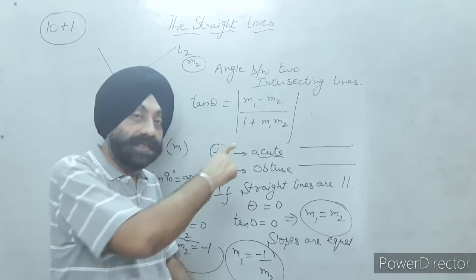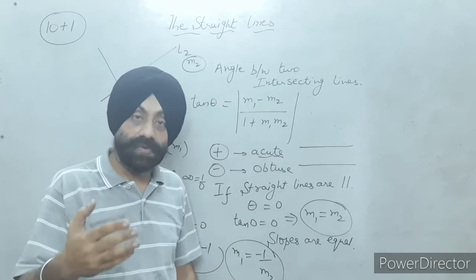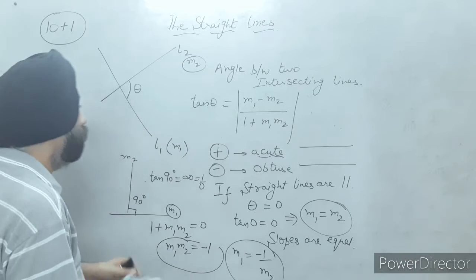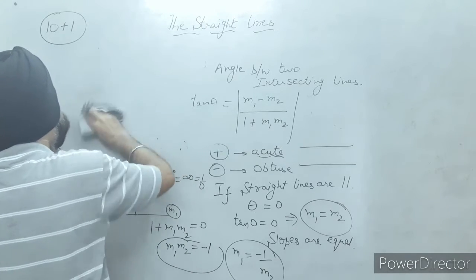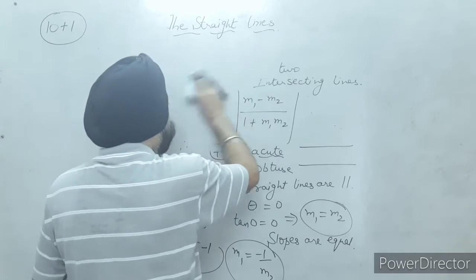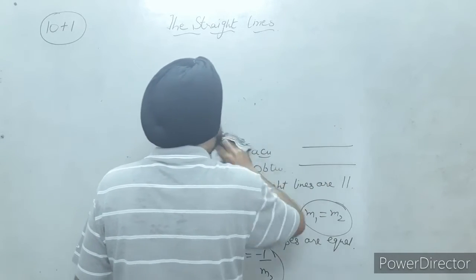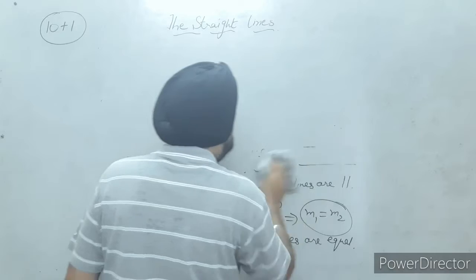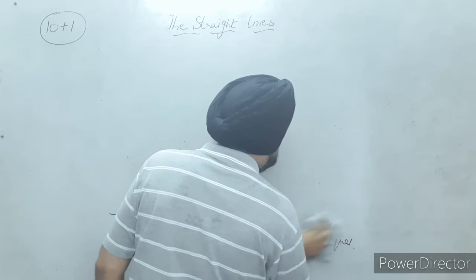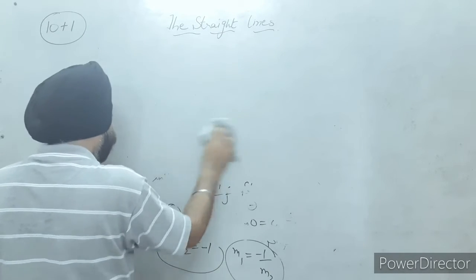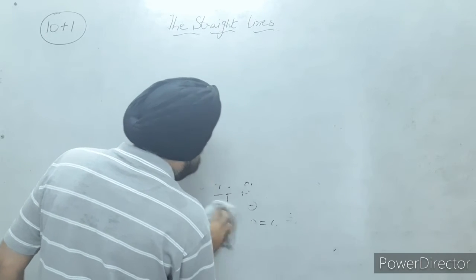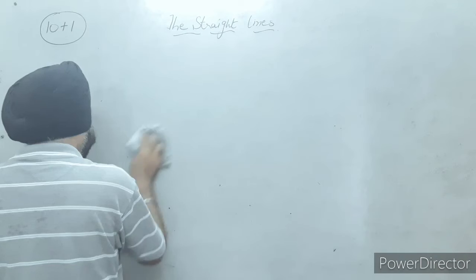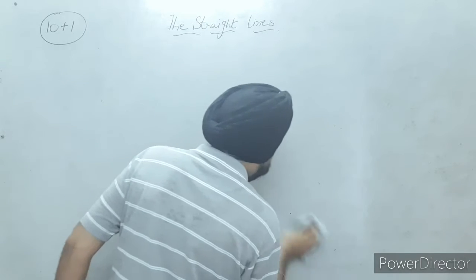Hope you have understood the concept of the slope and how to find the angle between two straight lines, the condition for the lines to be parallel, that is slopes are equal, and the condition for the lines to be perpendicular, which means the product of the two slopes must be equal to minus 1, or in other words one slope is the negative reciprocal of the other slope.